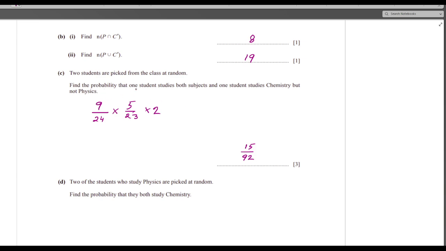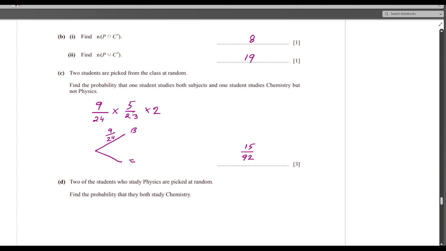Okay. Can you do this using a tree diagram? Let us try. So for first student, you have two options. One is you are studying both subjects and other you are studying only chemistry. So when you are studying both the subjects, your option is 9 divided by 24.